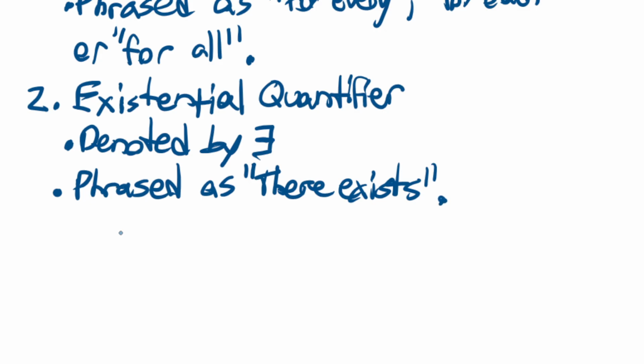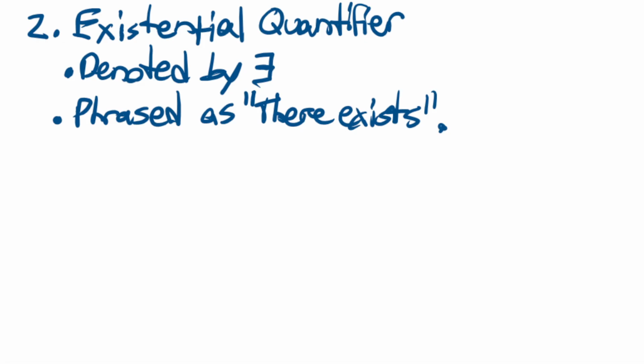Hence why it's called the existential quantifier. And it's basically saying that this does meet a condition, may not meet all the conditions that are defined, but it does meet at least one. So let's look at an example.